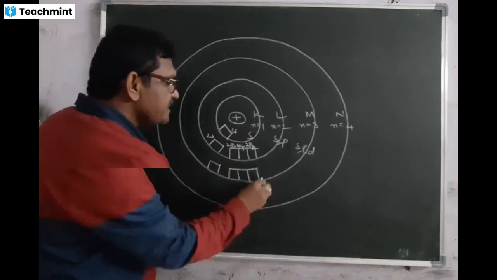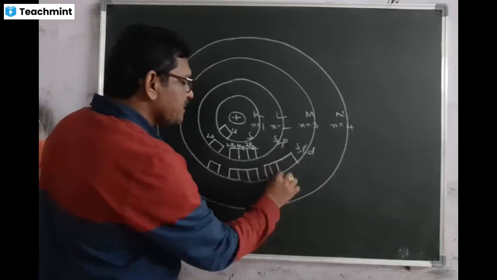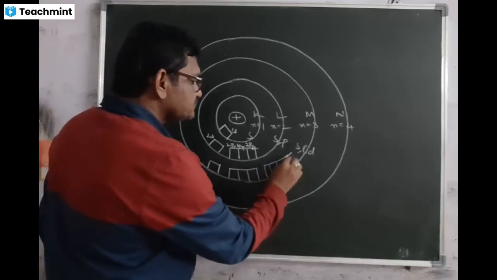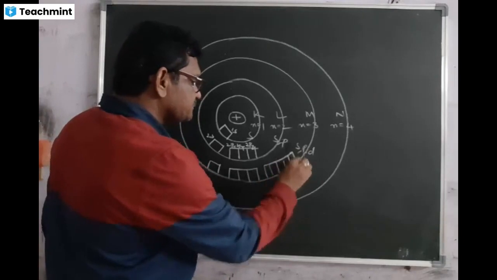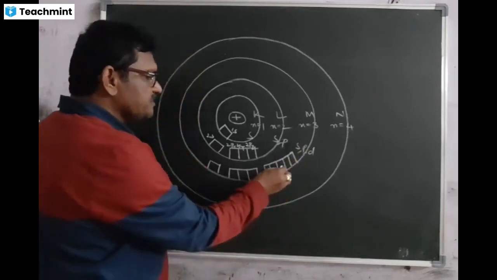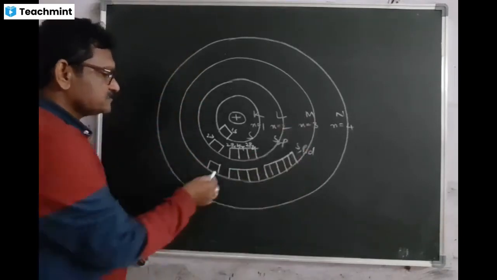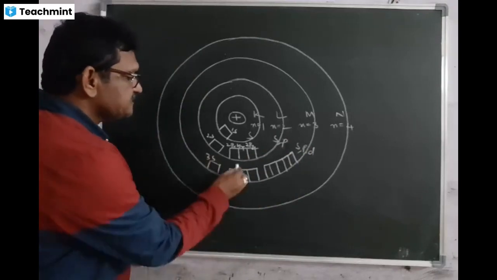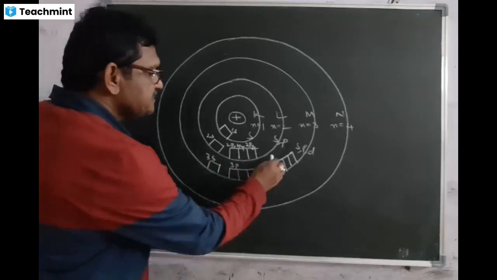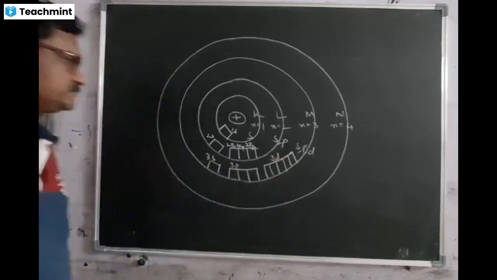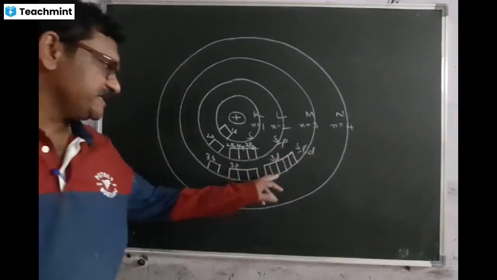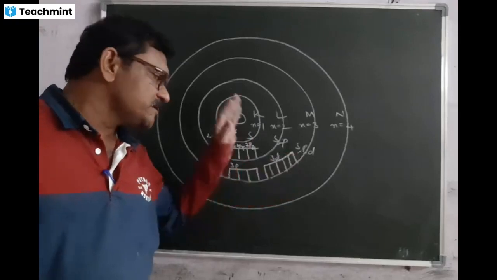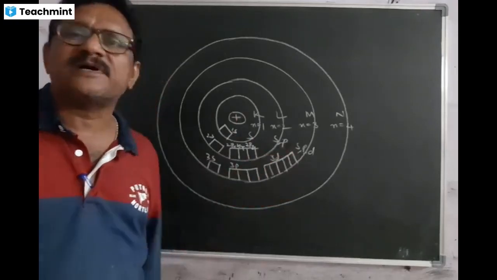In the same way, the d subshell contains how many orbitals? 5 orbitals. See, 1, 2, 3, 4, 5. This is 3s, this is 3p, this is 3d. So dxy, dyz, dzx, dx square minus y square, dz square, but need not write that expansion form.